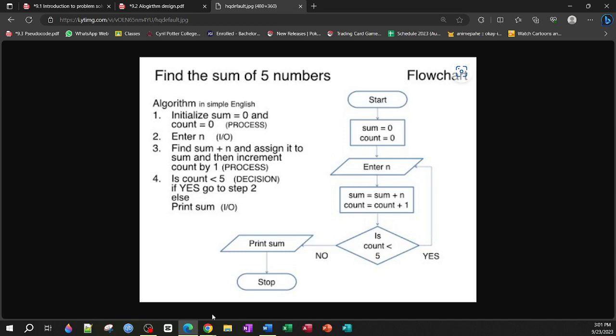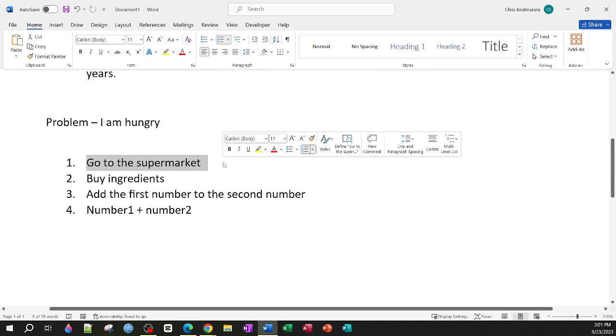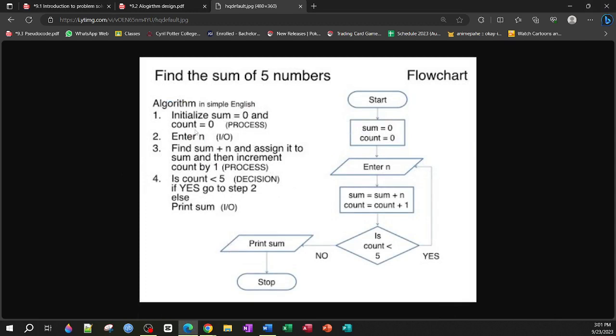It's not like how we were writing, go to the supermarket, add the first number to the second number. It doesn't say put 0 into sum or something like that. It has more of a structure, as you can see here. So it's saying initialize sum equals 0.